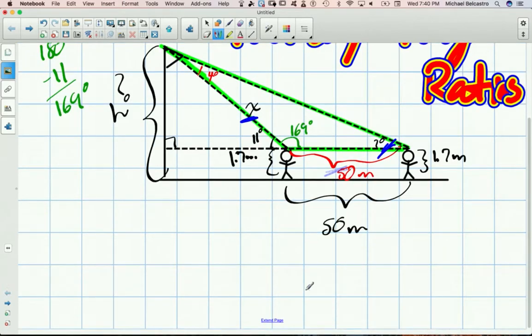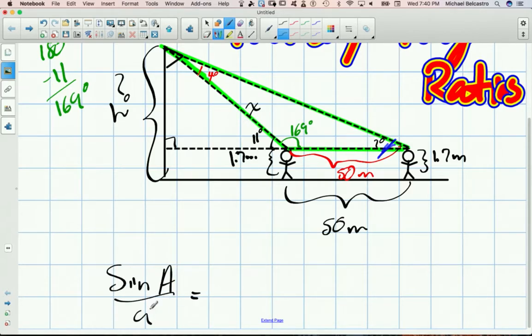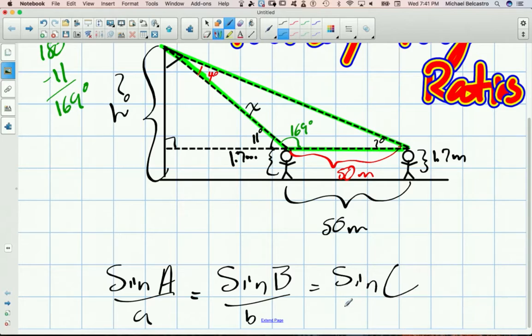So let's write our sine law out. Our sine law is sine A over side A, or reverse, you can flip these two, equal to sine B over B equals sine C over C. We can name the triangle ABC any way we want. It's not really important. We're going to call A this 50 meters and that 4 degrees.